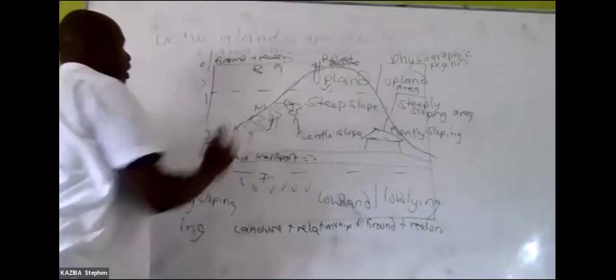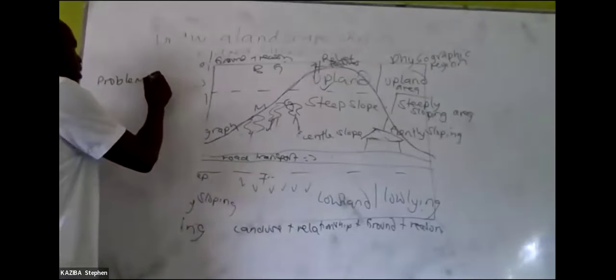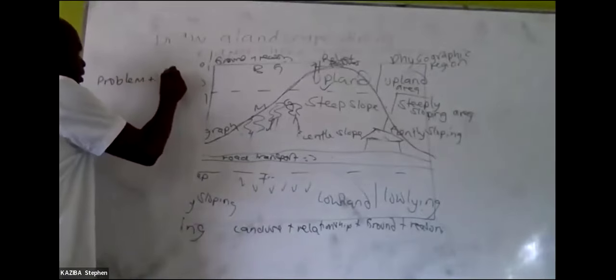For example, when you're giving your problem, you begin by mentioning the problem. So you put the problem plus why it is a problem plus evidence plus ground.